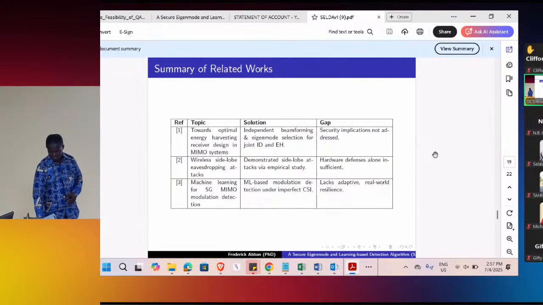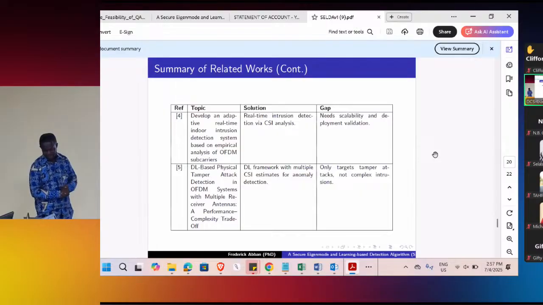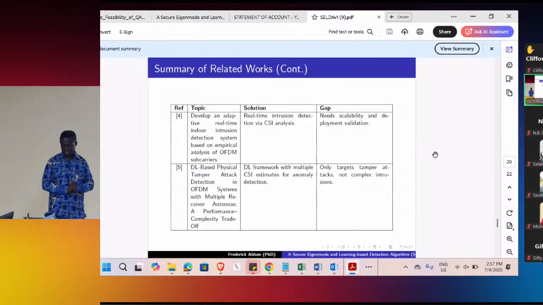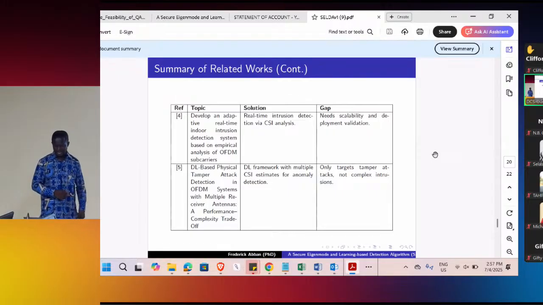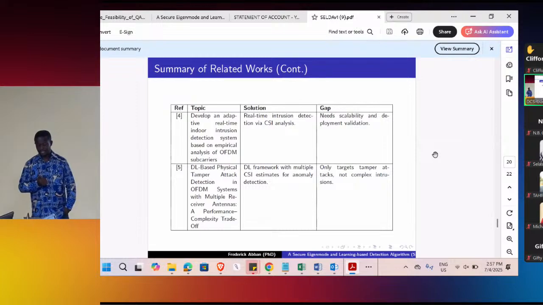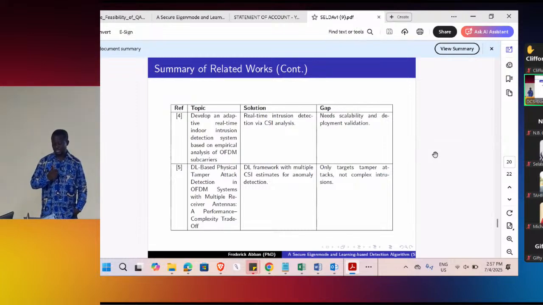Then we have another paper on the development of an adaptive real-time indoor intrusion detection system based on empirical studies of OFDM subcarriers. The researchers looked at real-time intrusion detection via channel state information analysis. What the paper lacked was scalability, and they did not prove how best they can validate their deployment.